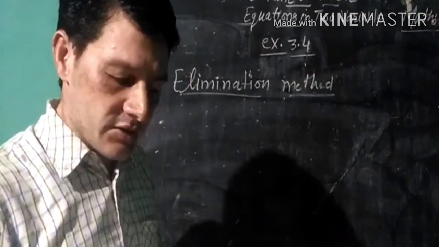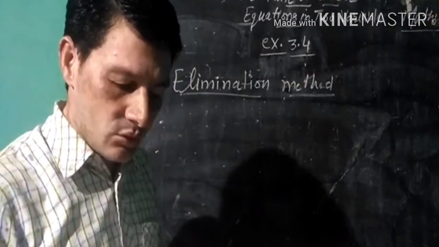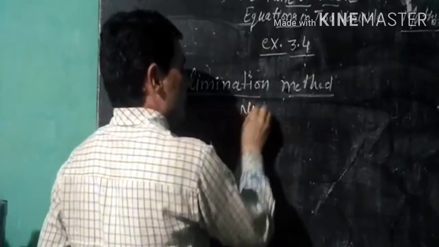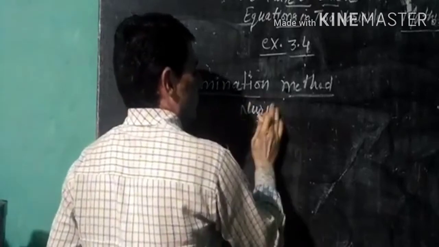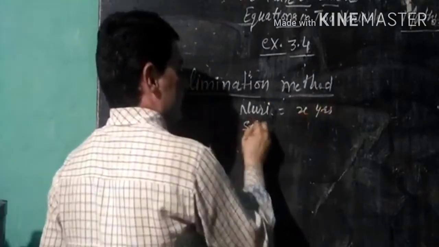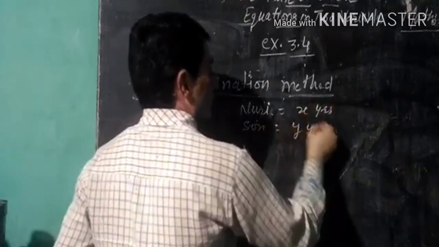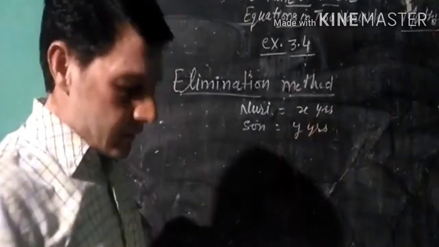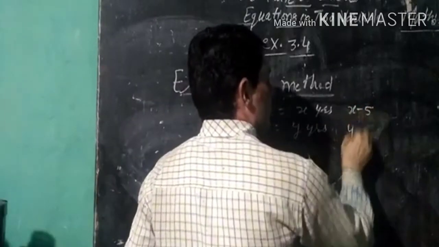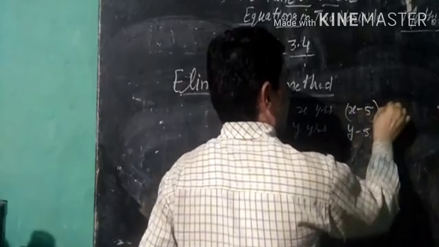This is the same, it is Nori's age. 5 years ago Nori was thrice as old as Sonu. So the present age of Nori is x years, and Sonu is y years. What is the condition? 5 years ago, the age of Nori was x minus 5, and this is y minus 5 years.